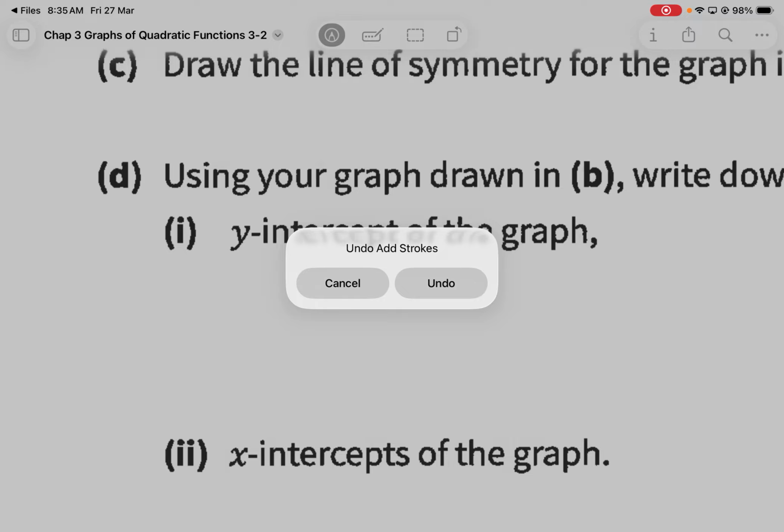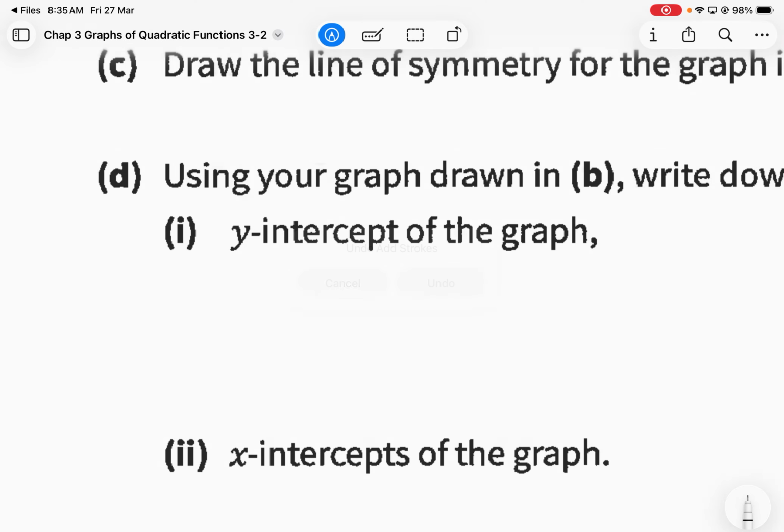Gerald, what is y-intercept? What is the word that I use to describe intercept? No. What is y-intercept? Okay, good. The word that I used was cut. But you know already. Okay?